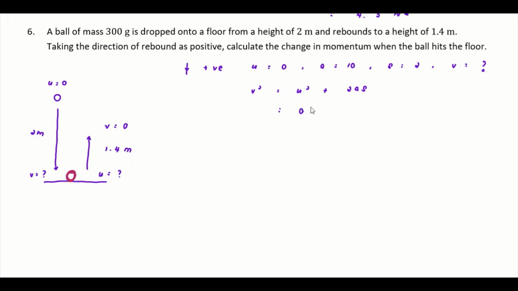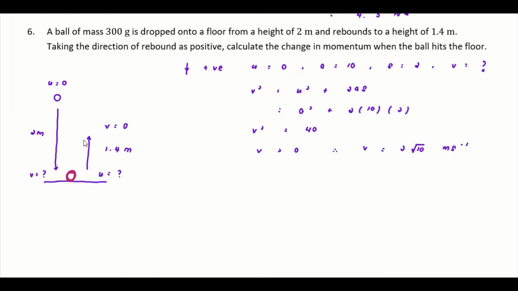We get 0 squared plus 2 times 10 times 2. So v squared is actually 40. You can imagine that at this point the velocity is still moving in the same direction, so v should be positive, which is v equals 2 square root 10 meters per second.